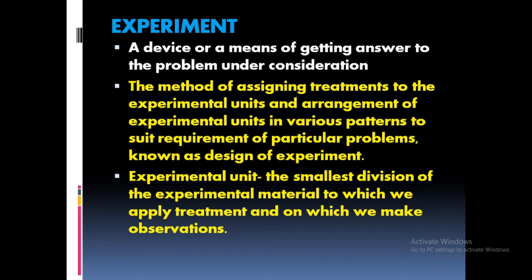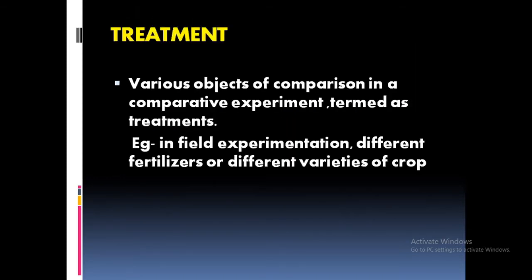The smallest division of the experimental material to which we are applying treatment to derive observations. For example, here I have given an example in which the cattle or the bird is the experimental unit. Okay. So the smallest division of the experimental material in which we are applying the treatment to get the result or observations is known as what? Experimental unit. Understood?